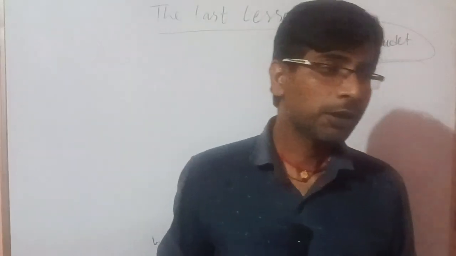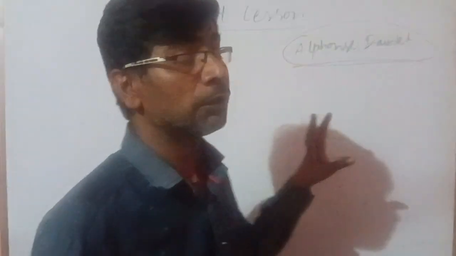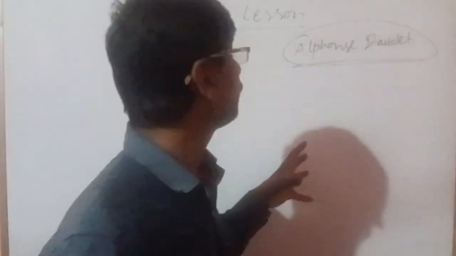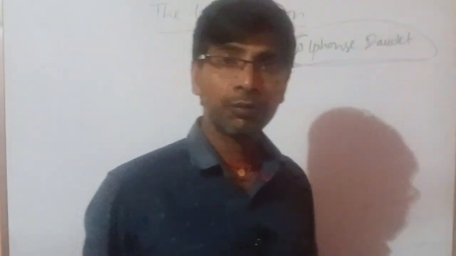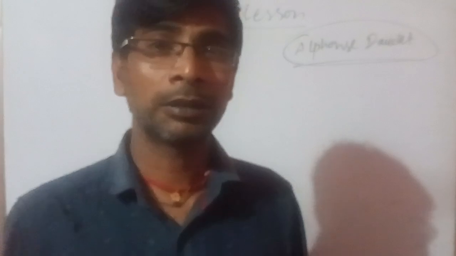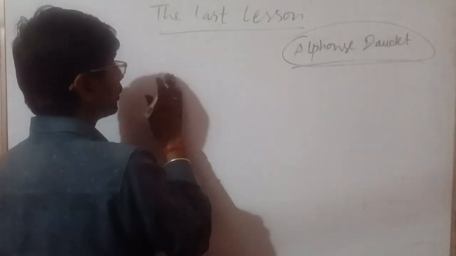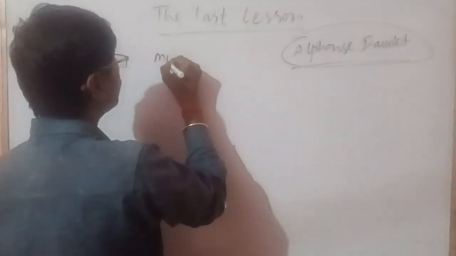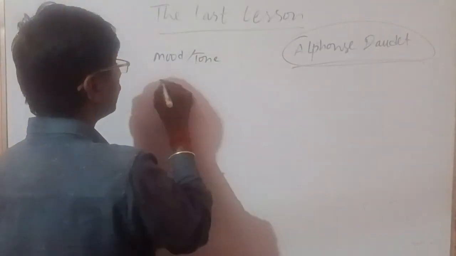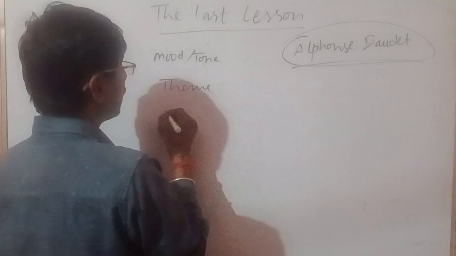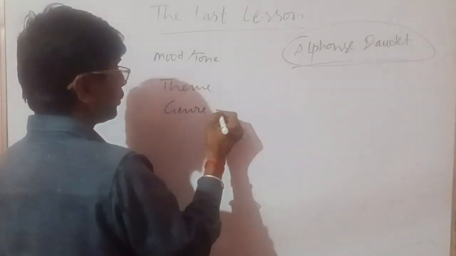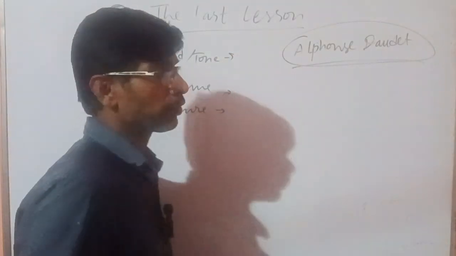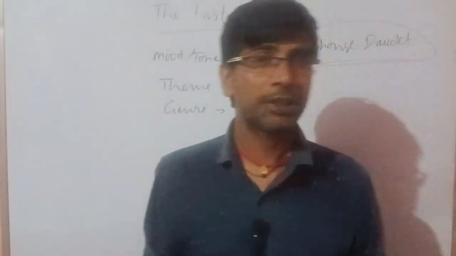Other than studying the writer's influences and background, we have to go through the lesson, the text, the mood, which we can also call tone, the theme, and the genre. These three important aspects of the chapter are equally important to be discussed.